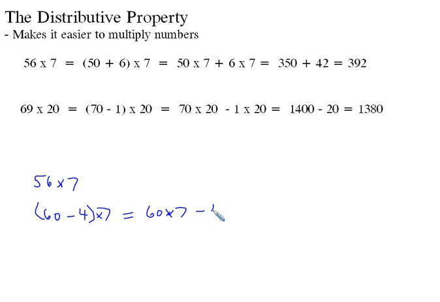And so then I just go 60 times 7, well, that's going to be equal to 420. And this one's going to be subtract 28. That should give us the answer that's right up there, which it does, which is 392.